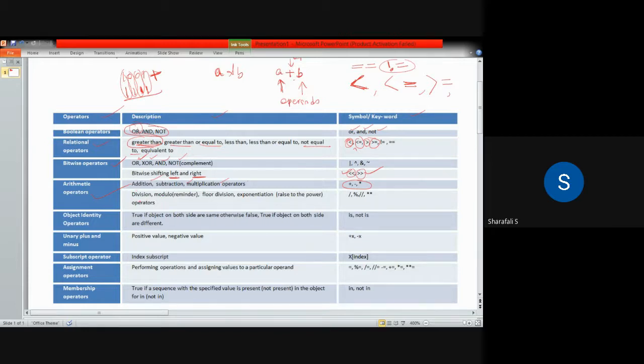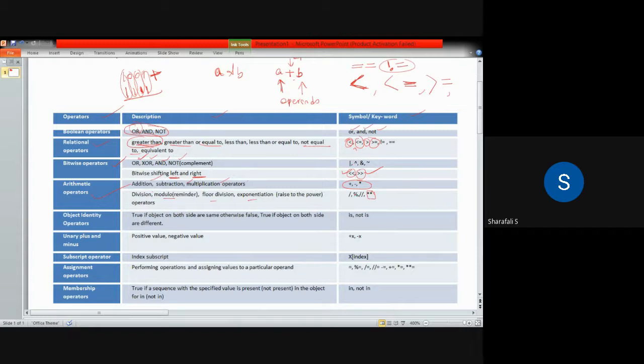The star is used for multiplication. Then we have division, modulo, floor division, as well as exponentiation. For exponentiation, we are using this double star. Okay, so these are the arithmetic operators.